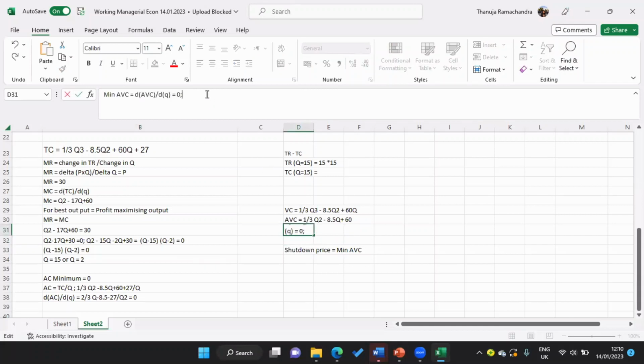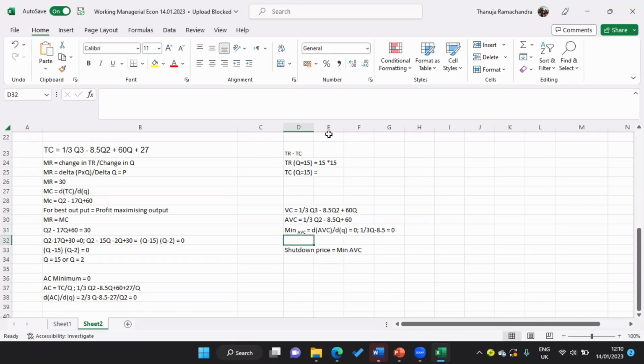I'll put here that 1/3 Q squared, when we differentiate, minus 8.5 equal 0.